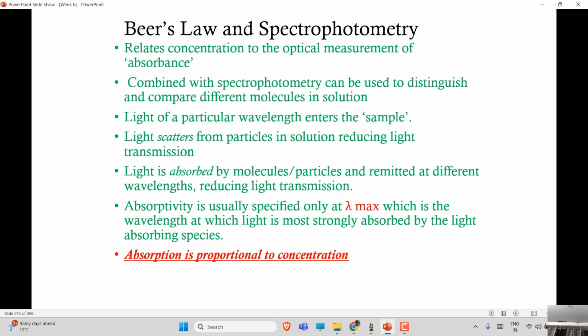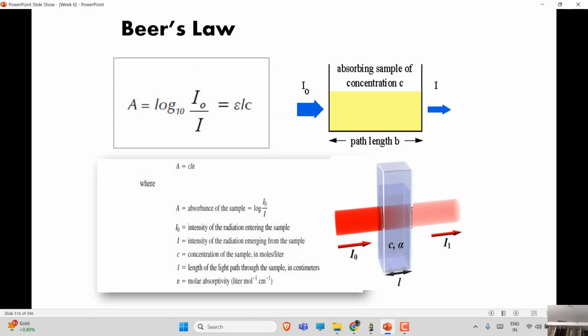Light is absorbed by molecules and particles and emitted at different wavelengths, reducing light transmission. Absorptivity is usually specified only at lambda max, which is the wavelength at which light is most strongly absorbed by the light absorbing species. So it's proportional to concentration. Then we have Beer's law.